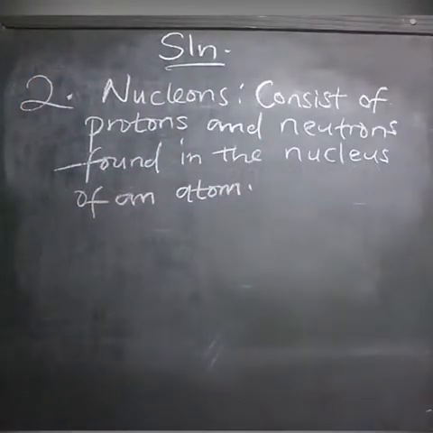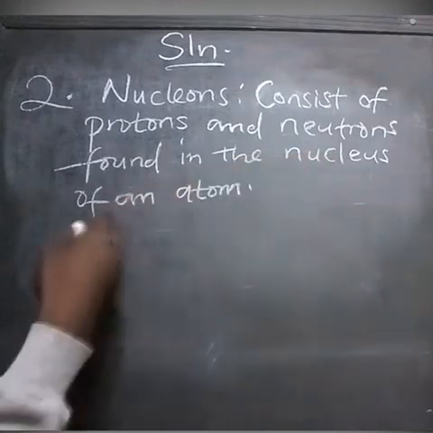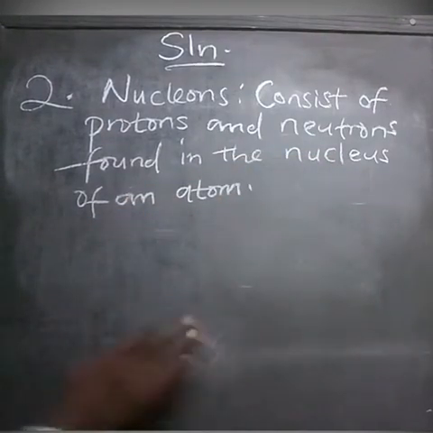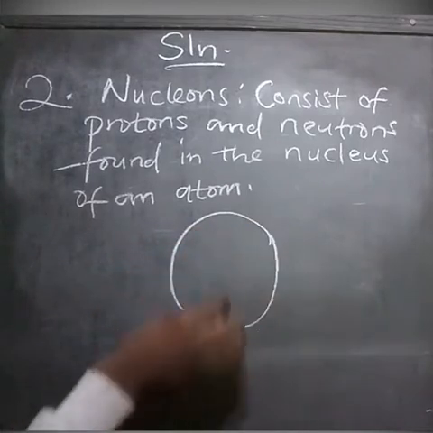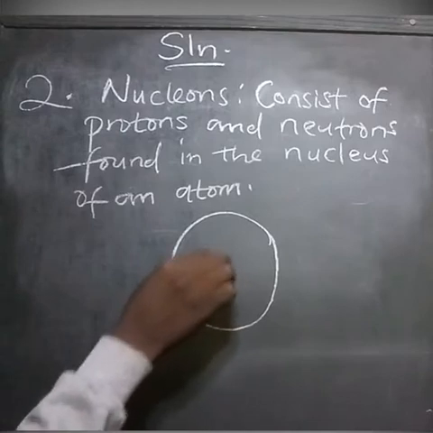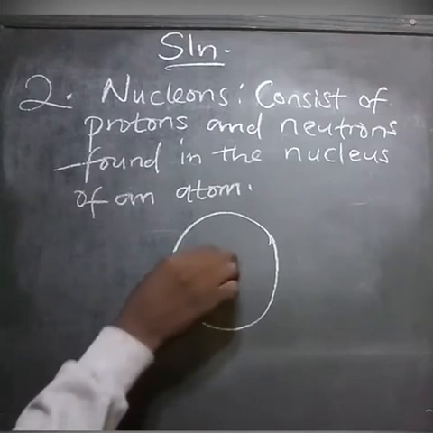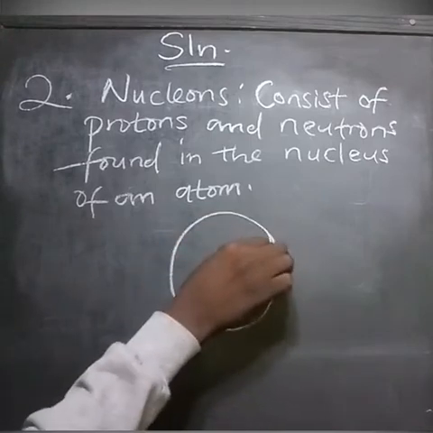So nucleons consist of protons and neutrons found in the nucleus of an atom. For instance, this is an atom. This is the core center of the atom, and electrons are revolving around here.